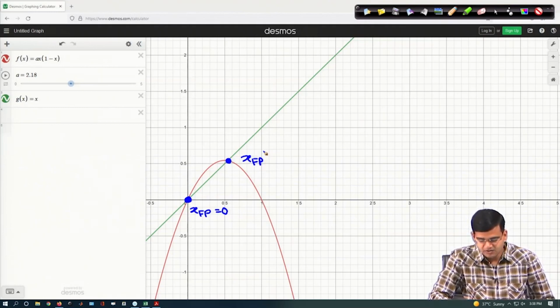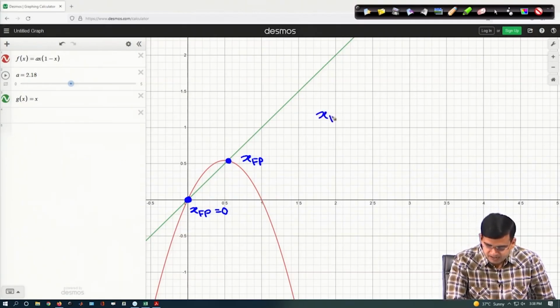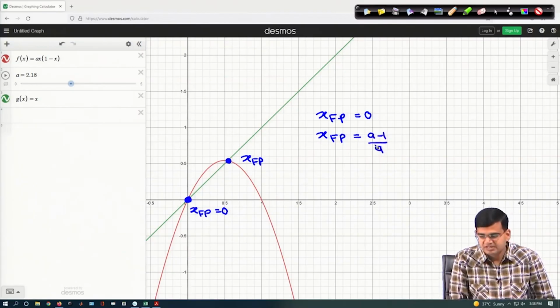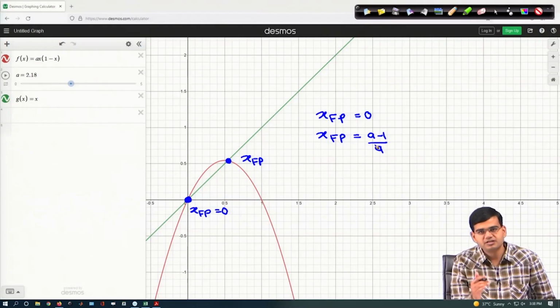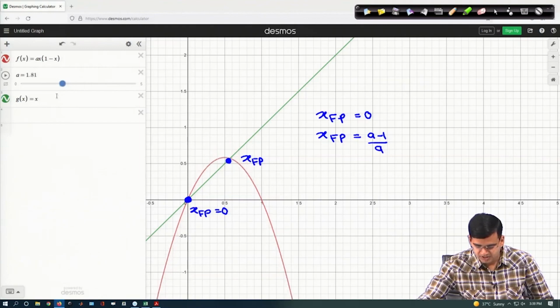I previously wrote that x fixed point was 0 or x fixed point was (a minus 1) upon a, which means the second fixed point depends upon the value of a. Indeed, as I keep changing the value of a, this fixed point can be seen to change.